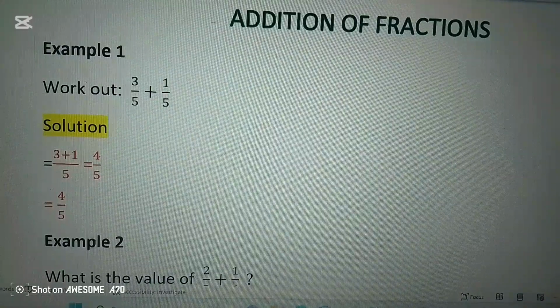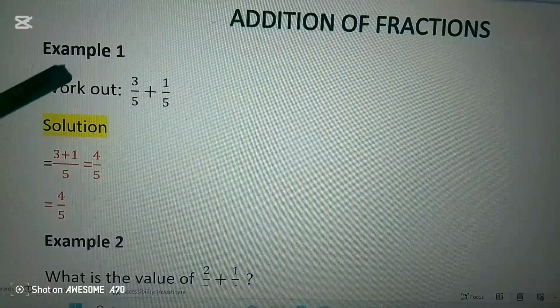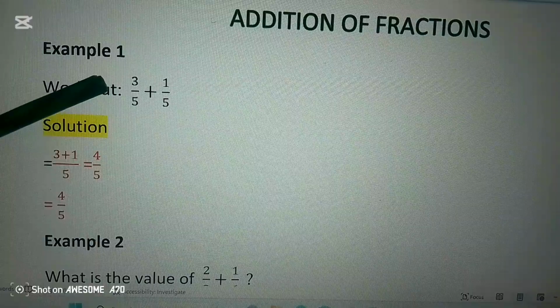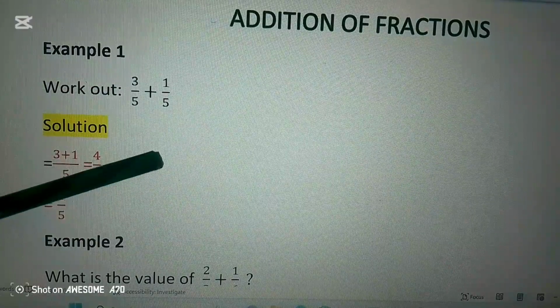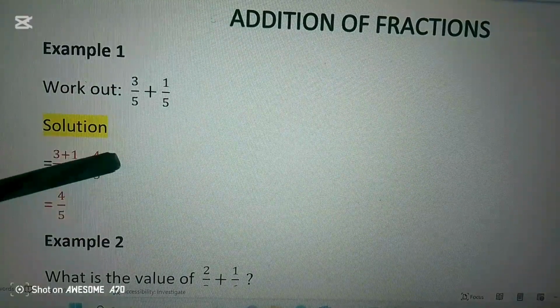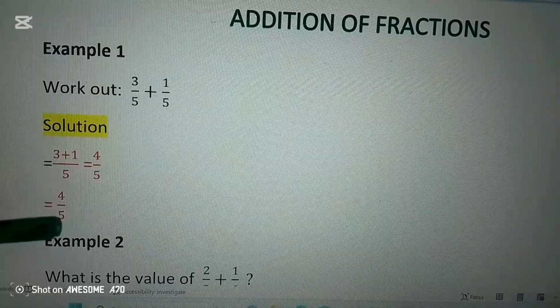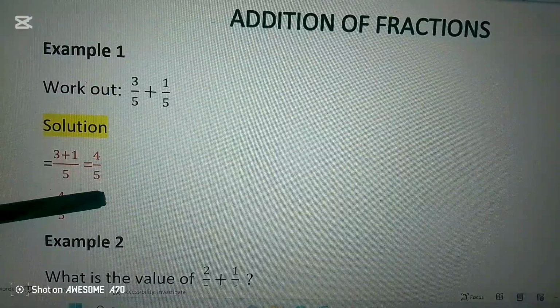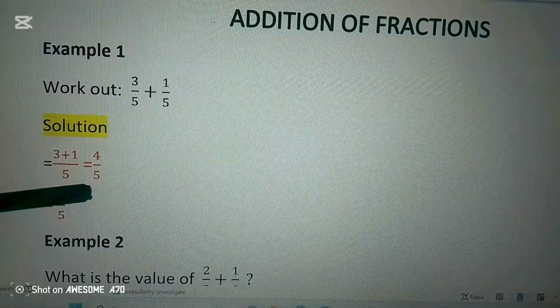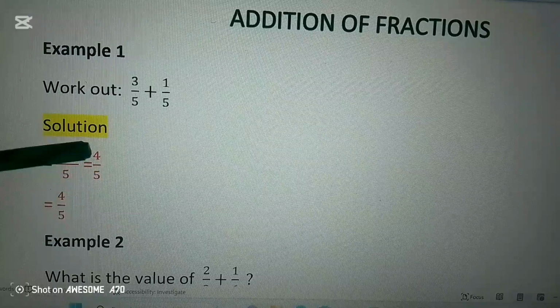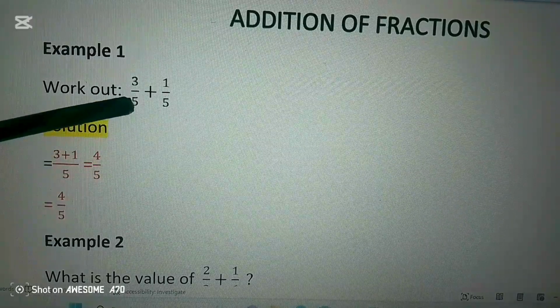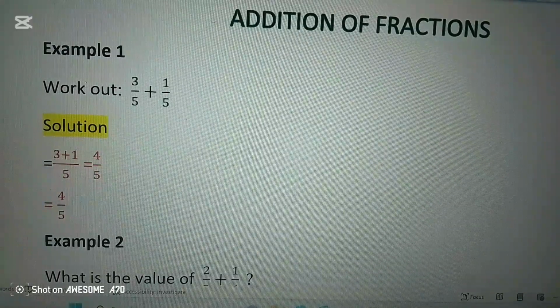Since both fractions have a common denominator, which is 5, the denominator will remain constant. Even if you find the LCM of 5 and 5, it's 5.